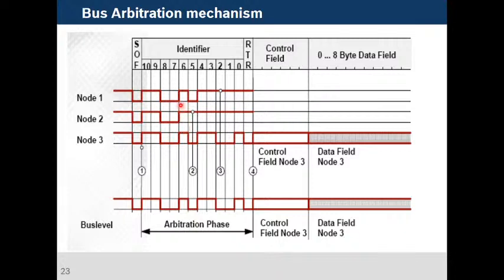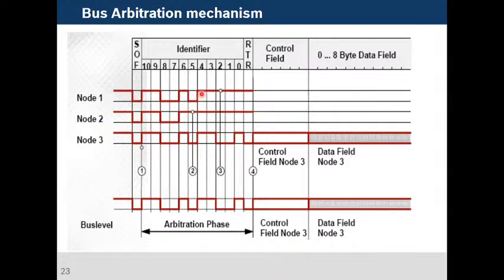Next, if you go to the fifth bit: dominant bit, recessive bit, dominant bit. If you see, node 2 has a lower priority, so it won't win the bus.